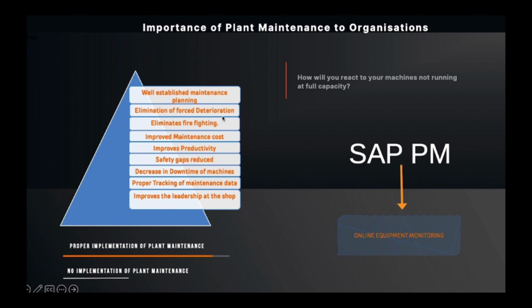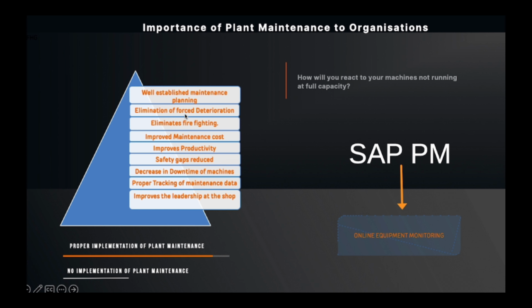And so, leaving it for a very long time, the machine eventually breaks down. So what's supposed to have been corrected using preventive maintenance and scheduled maintenance in place was not corrected, and so eventually these machines failed. So if I have a proper plant maintenance in my organization, I am able to eliminate the possibility of having a forced deterioration on my machine.